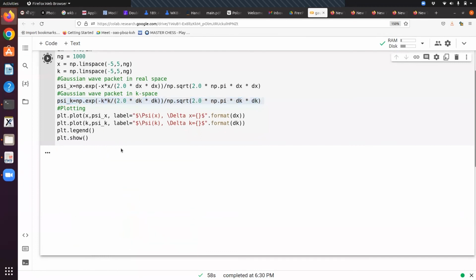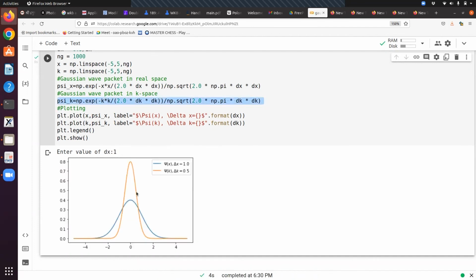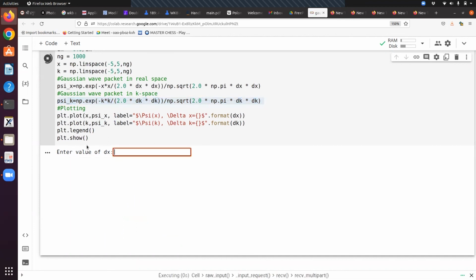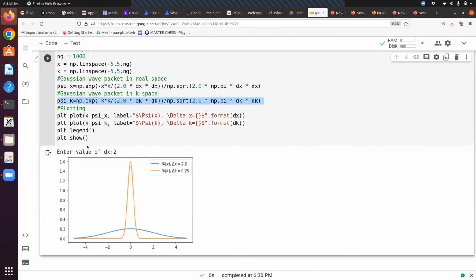Let us run for some other value of delta x. Let us enter 1. And then this is how the wave packets look like in real space and in k space. Now let us enter the value of delta x to be equal to 2. And then this is how the wave packets look like. The blue one is in the real space and the orange one is in the k space.